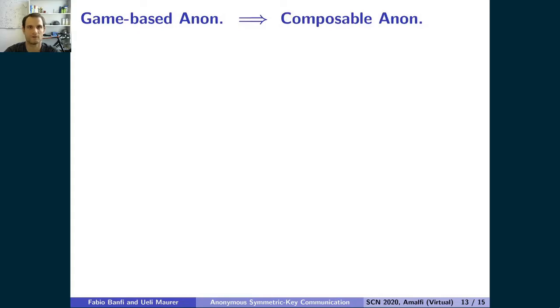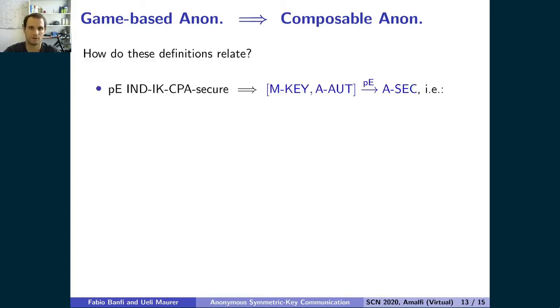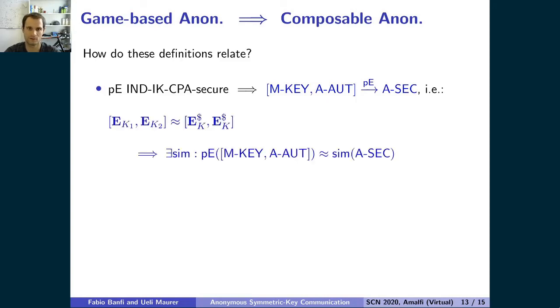And finally, we see how the game-based definitions for anonymity imply the composable ones. We show in our paper that if a scheme PE satisfies indistinguishability of ciphertext and keys, then it allows the construction of an anonymous secure channel from an anonymous authenticated one and a multi-key resource, formally represented as follows.